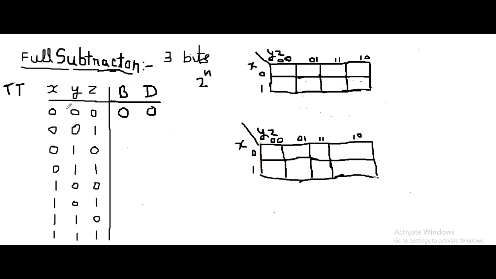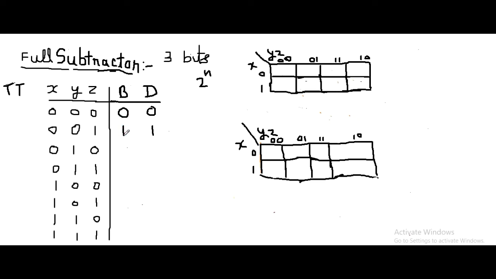First of all do x minus y. When you do x minus y, it evaluates to 0 because both are zeros, and then 0 minus z, 0 minus 1, which is 1. So the difference is 1, but in that case the borrow is 1.